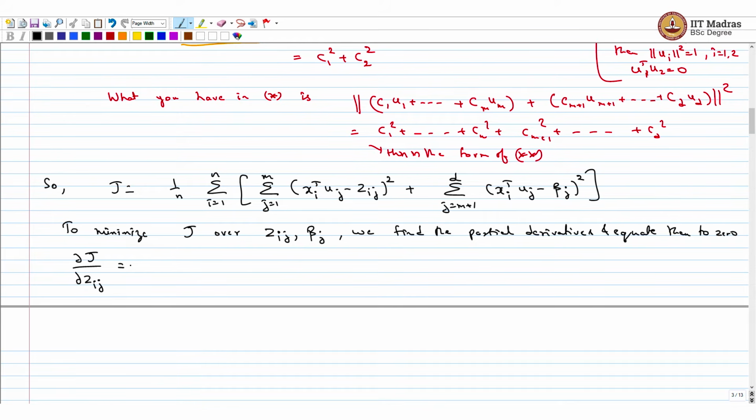If you see, zij appears only in one term in this entire J. If you take the derivative of that, you just get 2 times (xi transpose uj minus zij) equals 0, which implies the most important thing: zij equals xi transpose uj. So we got the first result.